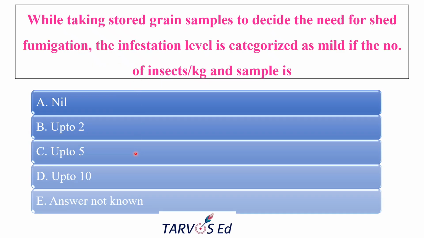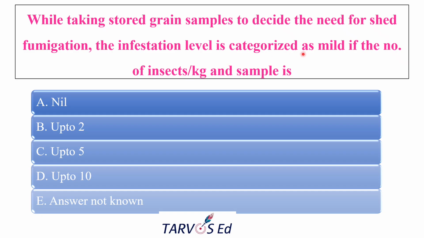And the next question is, while taking stored grain samples to decide the need for shed fumigation, the infestation level is categorized as mild if the number of insects per kg in the sample is. So remember one thing, there should be some number per kg, then only it is categorized as mild, moderate or severe.